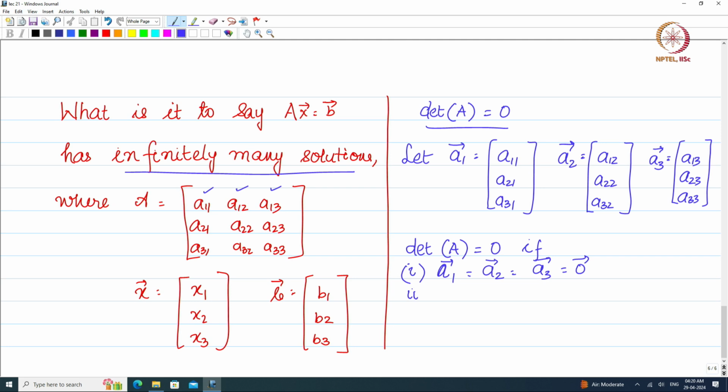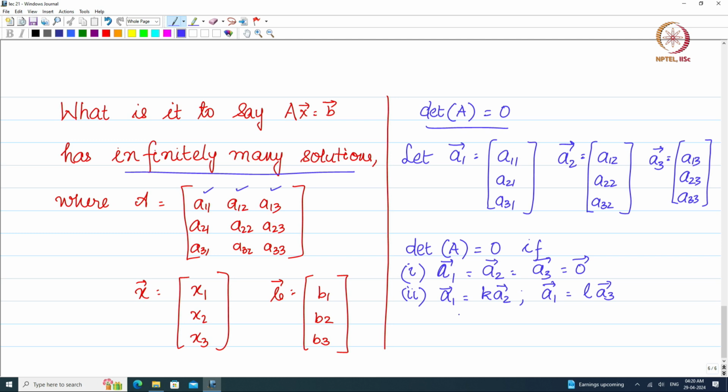The second case is A1, let us say, is k multiple of A2, and A1 is also some L multiple of A3. This means A1, A2, A3 are all multiples of one vector.